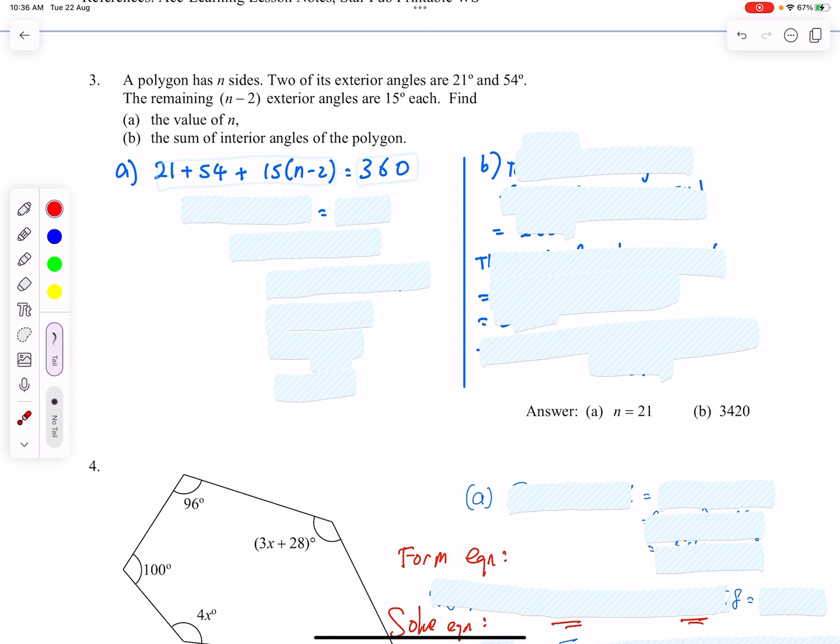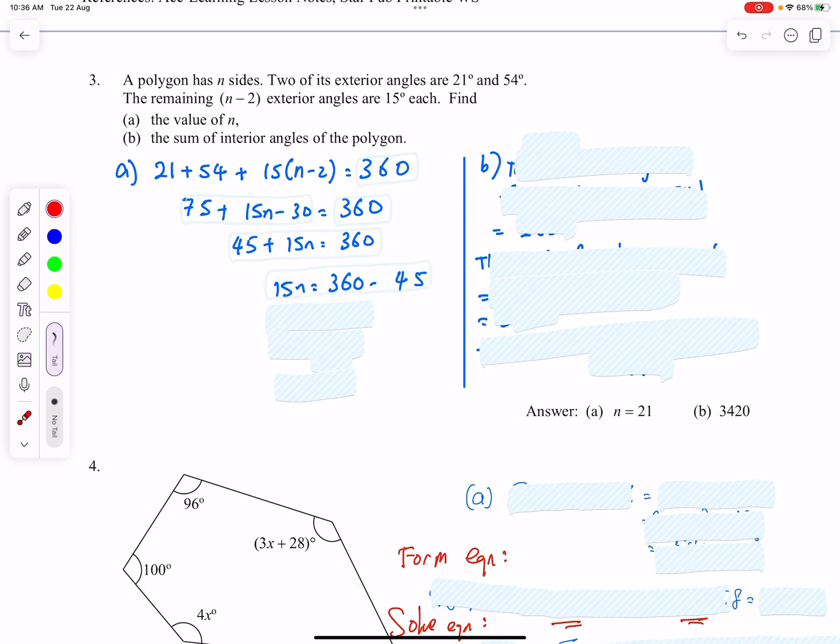Now group these two numbers together, I got 75. Expand it, so I got 15 times n and 15 times 2, still 360. Group the two numbers together, 75 and 30, I will have 45.